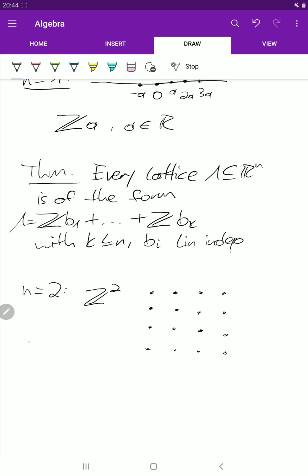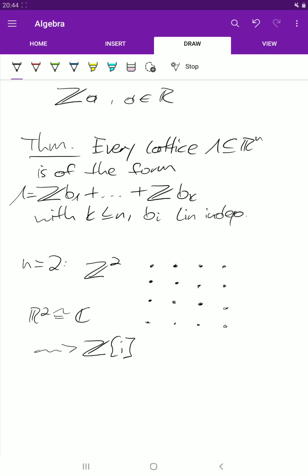If we identify R2 with the complex numbers, then Z2 corresponds to Z adjoined i, and then we get the Gaussian integers, which are actually a subring of the complex numbers, and in fact they are a so-called ring of integers and even a Euclidean domain.